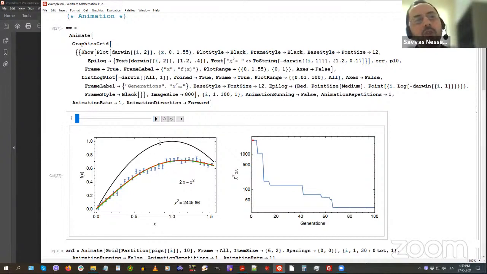I'm going to run the animation, and we will see what happens after every generation, generation 1, 2, 3, all the way up to 100. And just to know what to expect, you will notice that the black line goes closer and closer to the points. In this case, I'm going to show you only the best fit function in every generation, and later on I will also show you all the functions to see what happens.